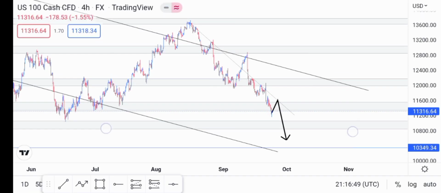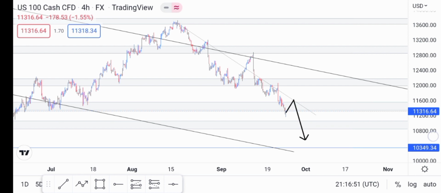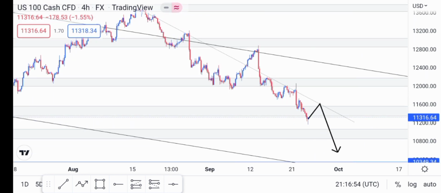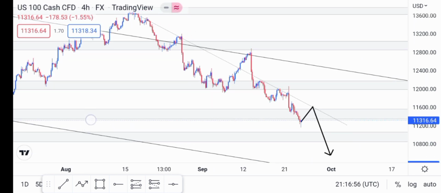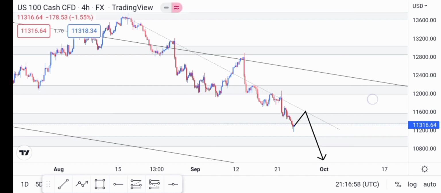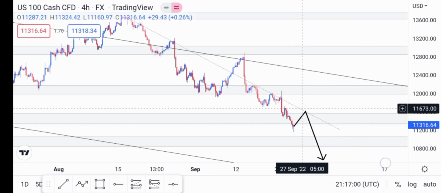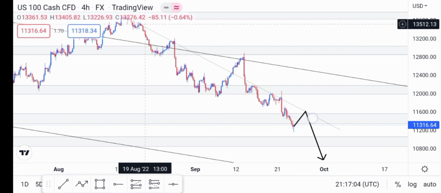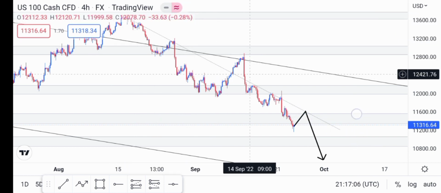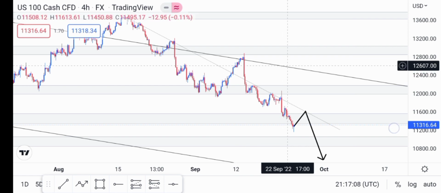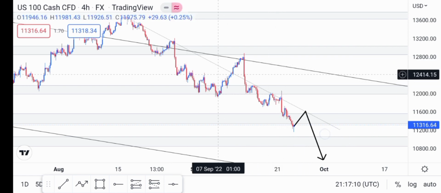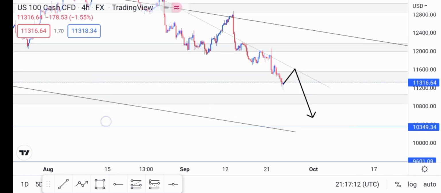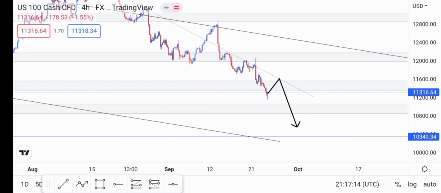But you could see a little bit of push to the upper side before we continue with our downward trend, due to the trend line right over here that has been respected many times. It only broke right over here in order to respect the huge trend, the larger pattern. So on NAS100, this is the direction we should anticipate.